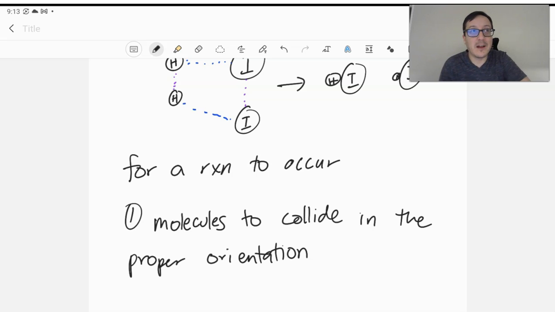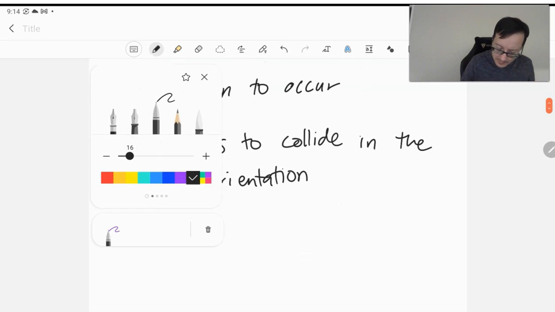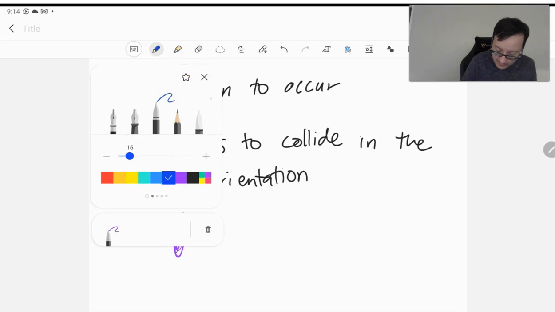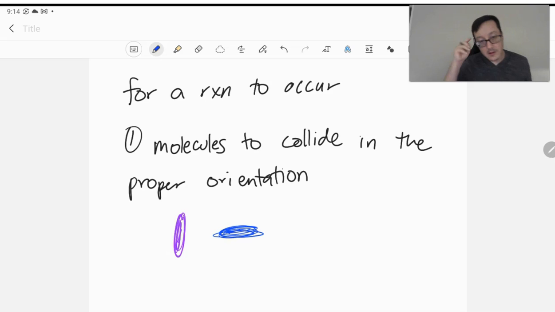But really, only 1 out of 10 trillion collisions is in the right orientation for it to react. And so the other 9.9 trillion, over the course of 10 seconds, really don't react, despite the fact that they're hitting each other. And so the orientation factor is very important. Otherwise, all reactions would happen extremely quickly. But suffice it to say, we need molecules to hit each other the right way. If they are coming into contact with each other the wrong way, a reaction doesn't happen.